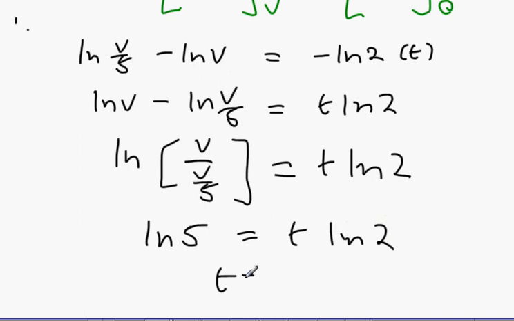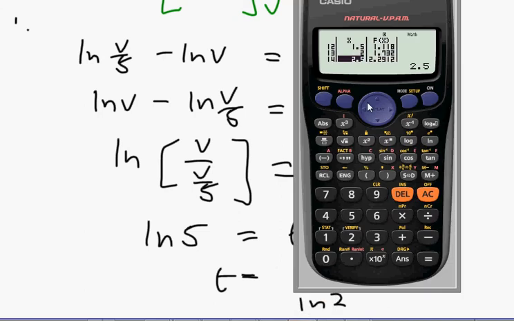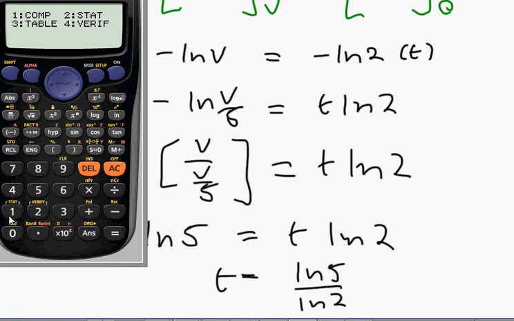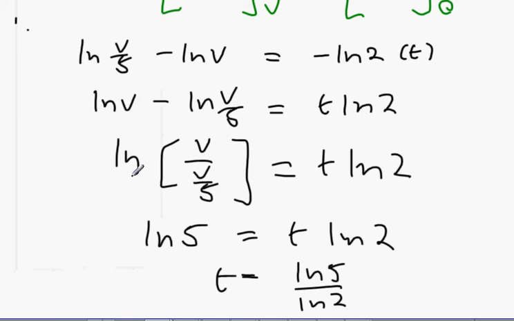Then t is going to be ln 5 divided by ln 2, which is going to give us 2.32.